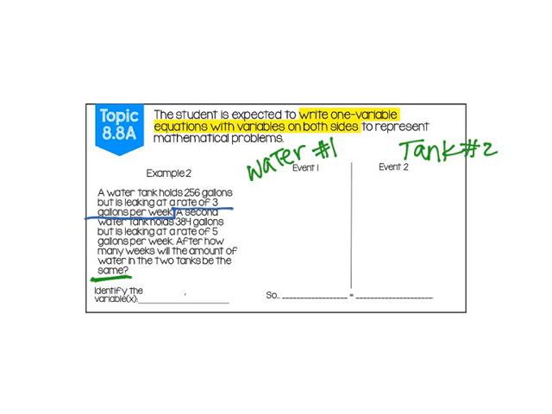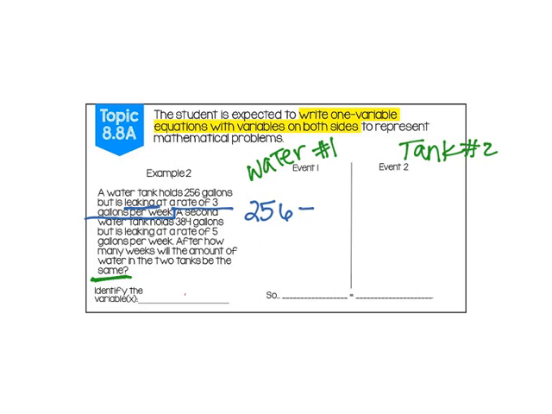Okay, it says it holds 256 gallons. Well, we know that. That's what it's giving us. But is leaking at a rate of 3 gallons per week. So leaking, obviously that means it's losing or something is being taken away, and we can associate that with subtraction.